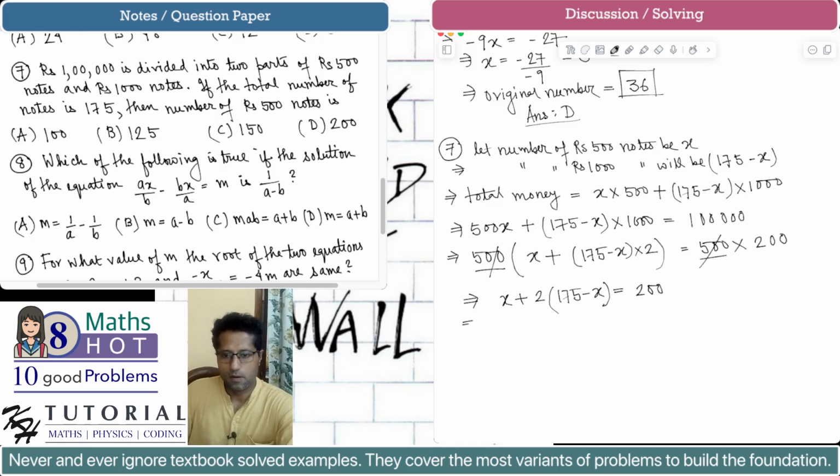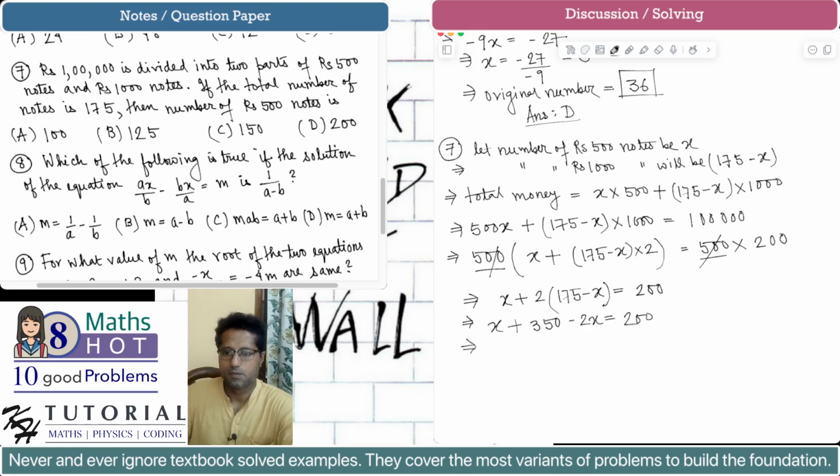Further simplifying the LHS, doing the product of 2 and (175 minus x) and opening the brackets, we get x plus 350 minus 2x is equal to 200.